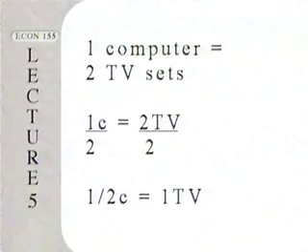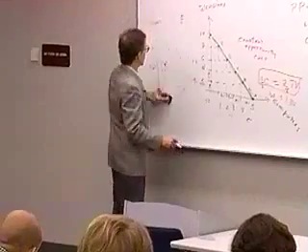To know the cost of something, here we've got the cost of 1 computer is 2 TV sets. If you want the cost expressed in terms of TV sets, divide by 2 on both of these, and so you get 1 TV set, and its cost is 1/2 computer. So that's how to work out these opportunity costs, is simple math. We'll come back and do a little bit more of that in a few minutes.